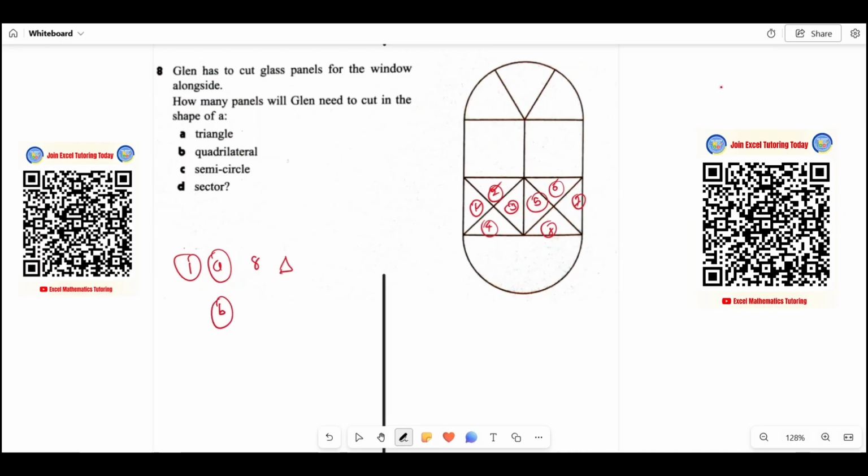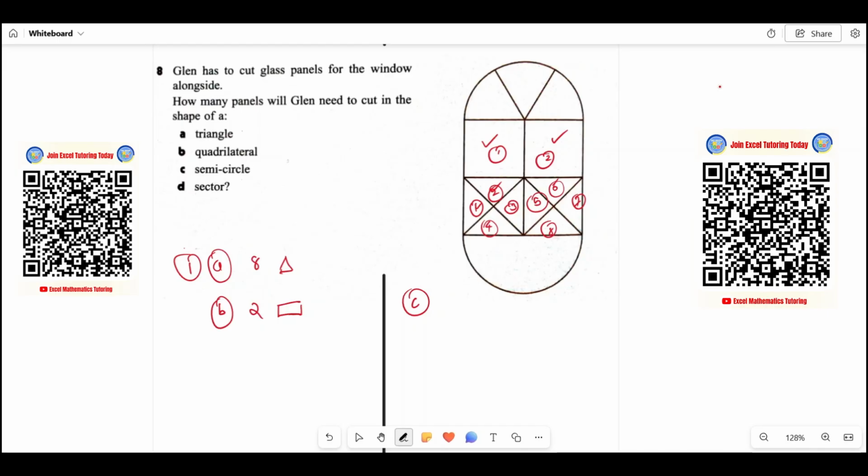And coming to B, how many quadrilaterals do you need to cut for making this panel? Quadrilateral means anything with 4 sides. So 1, 2. This one is the first, and this one is the second. So two quadrilaterals. Now coming to C, how many semicircles do you need to cut?